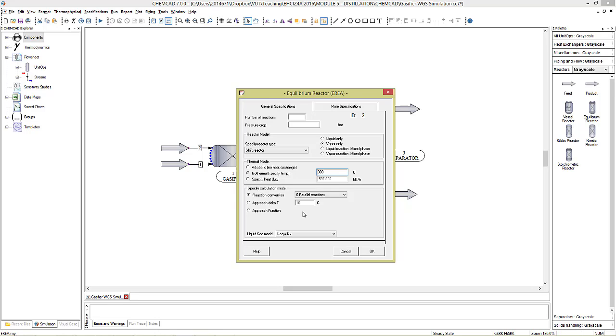This comes from the fact that reactions never actually get to equilibrium, because as you get closer to equilibrium, the rate of reactions becomes slower and slower. So the calculations become more and more complicated, and it takes longer and longer. So what this says is how close you want to be to equilibrium. So I always say I just want to be 10 degrees away from equilibrium instead of calculating equilibrium at 300.